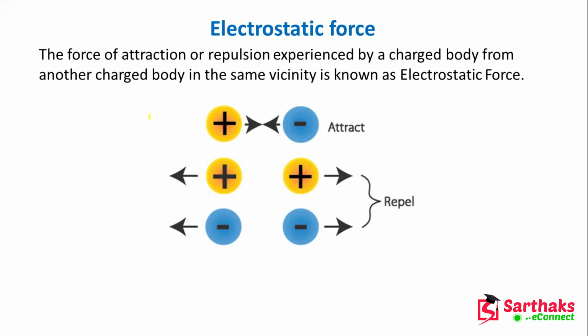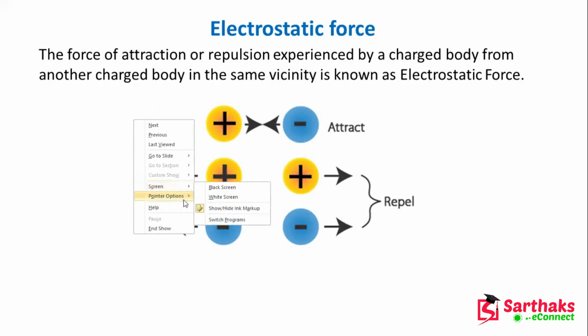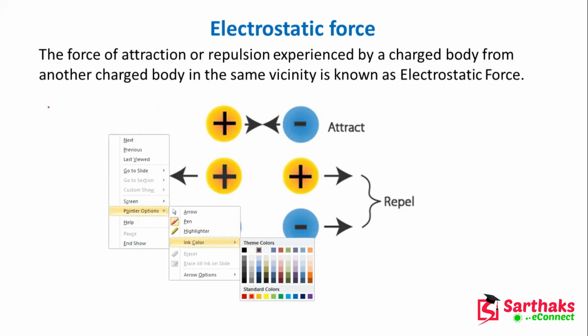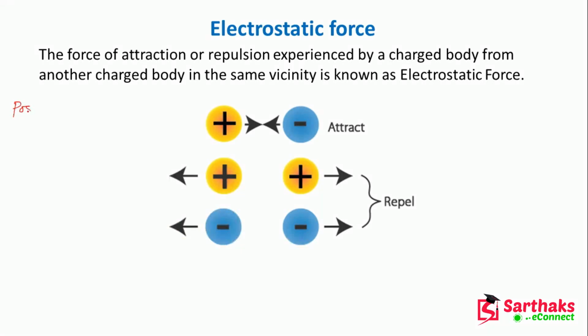One is called positive charge, another is negative charge. Positive charge is denoted by plus, negative charge is denoted by minus, right? And these two are electrostatic charge, right?